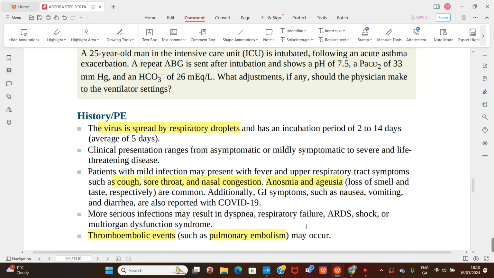But for the restrictive pattern and decreased compliance you've given us earlier, they also have increased PIP. It's always increased in both of them. So how do you isolate it? Is it the clinical scenario they will give you that will make you know exactly what you are looking for? I just want to clarify something: are you separating pneumothorax from the restrictive pattern?